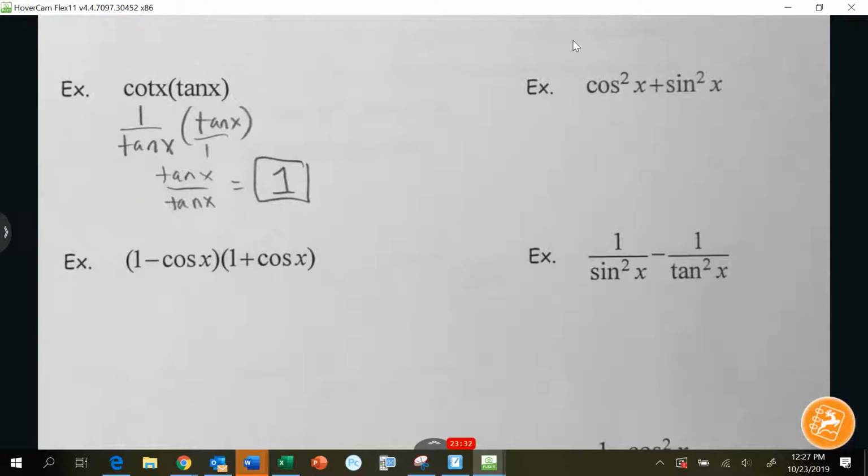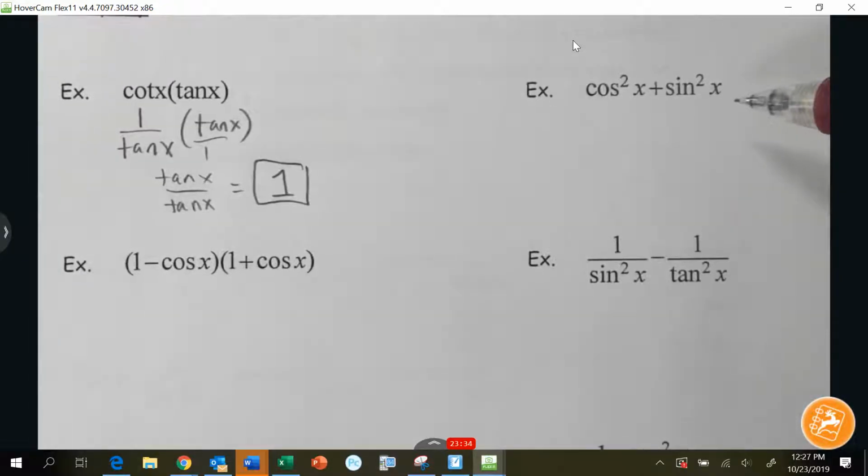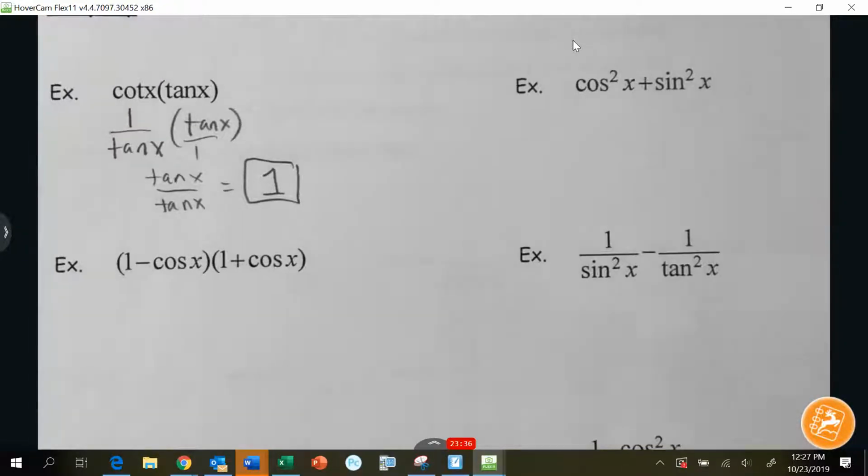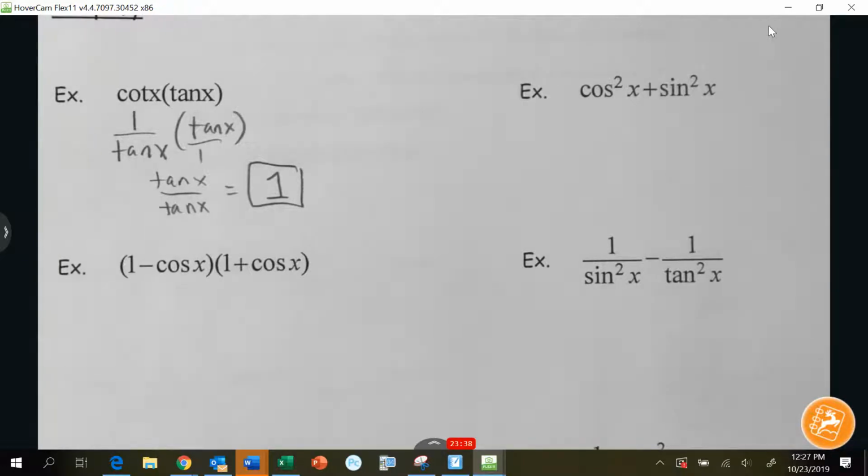Okay? The next example, cosine squared x plus sine squared x. How can we simplify that? Katie?